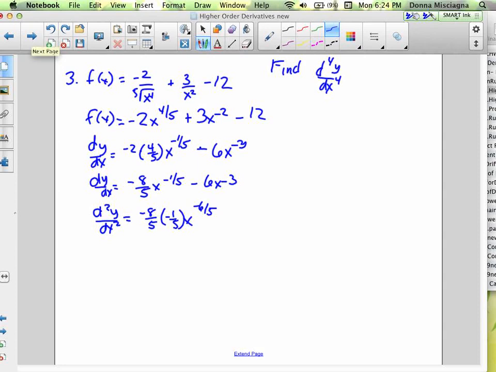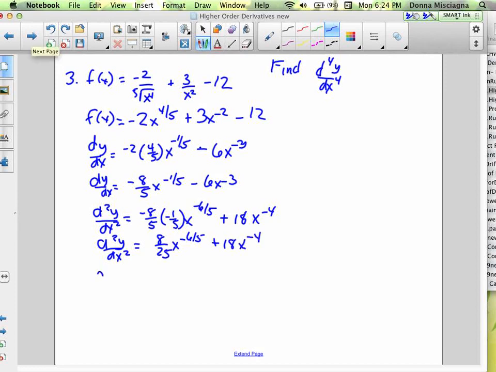And then we'll have negative 3 times 6 times negative 6, that's going to be a positive 18x, and reduce the exponent again to the negative 4th power. So let's simplify that. So that's going to be 8/25 x to the negative 6/5 power plus 18x to the negative 4th power. And we got to do the next one.